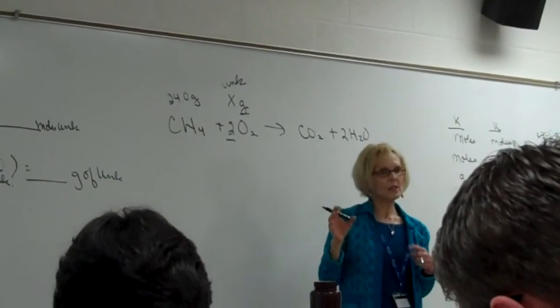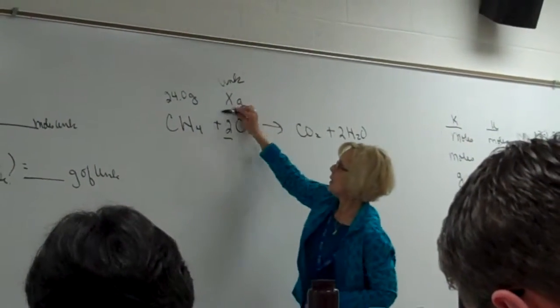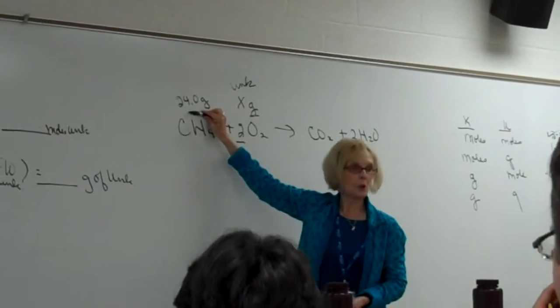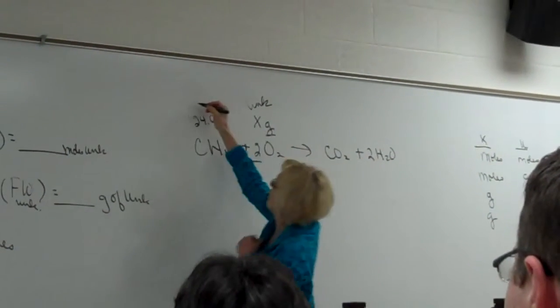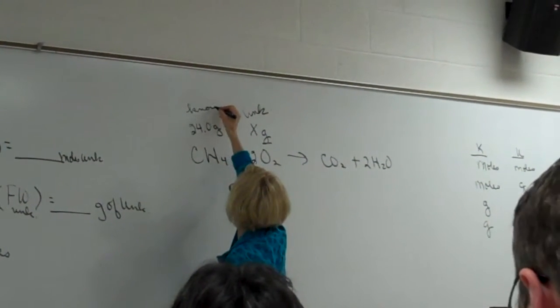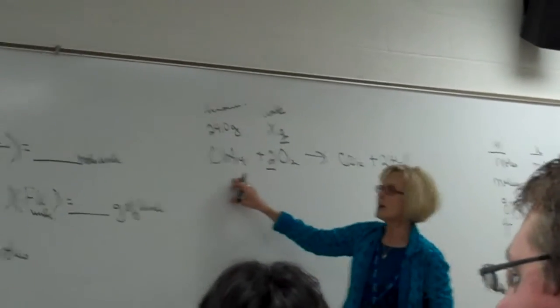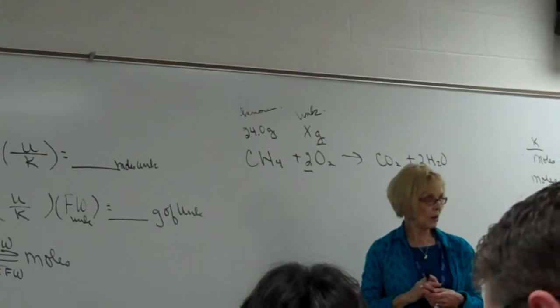I always like to set these things up the very same way. I put info about my unknown above the unknown, and info about my known directly above it. If you want to, label which is which like I will here. And since we're talking grams, we're going to need formula weights.